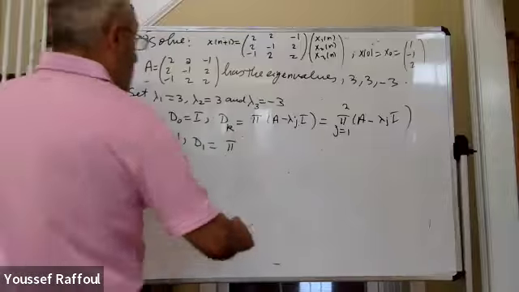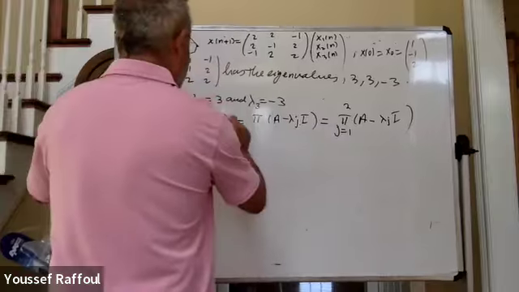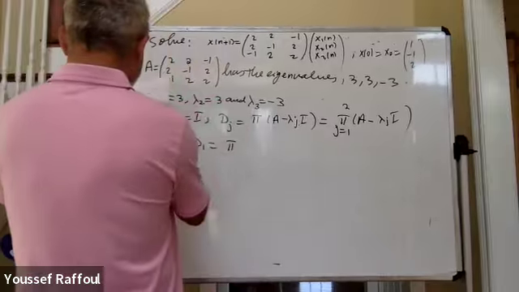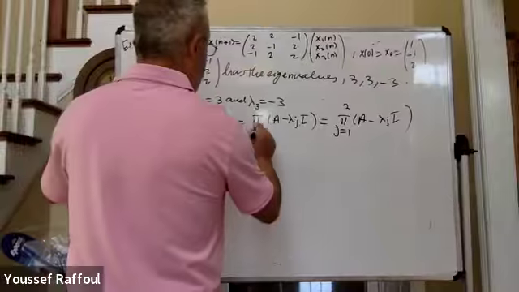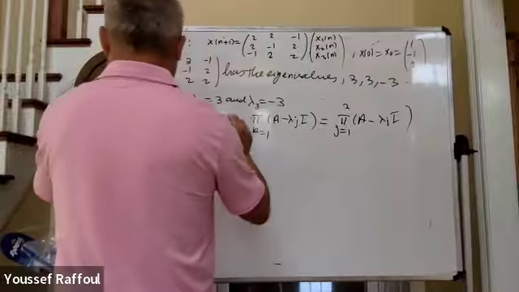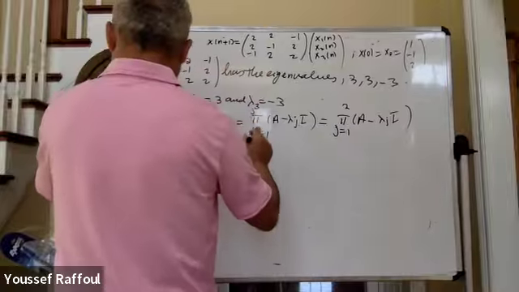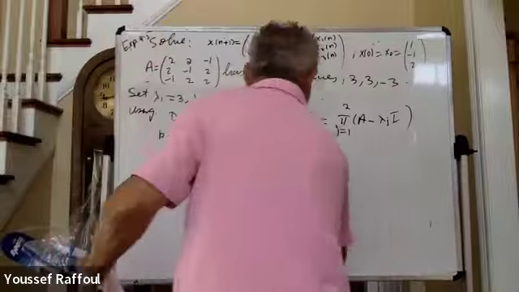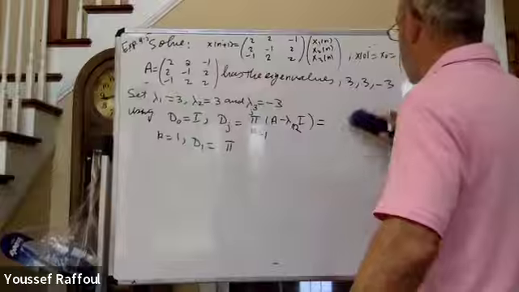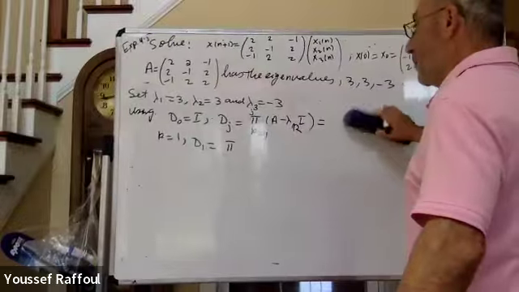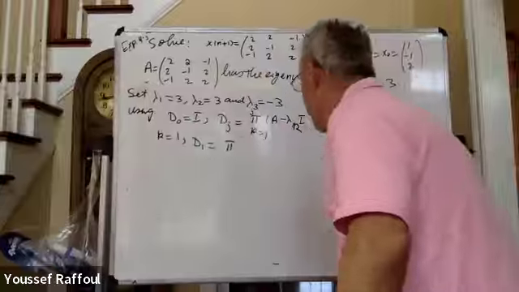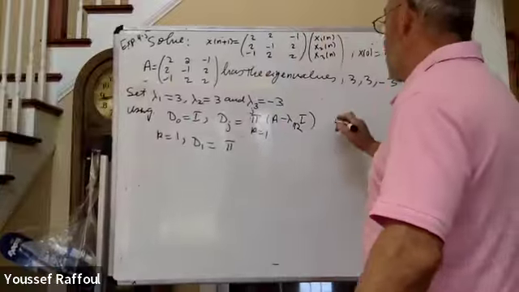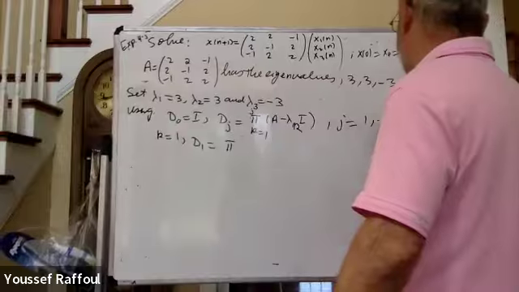So the formula is Dj, product k equal 1 to j of A minus lambda k I, and j goes from 1 to k.